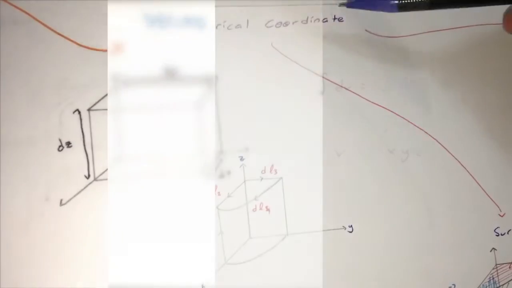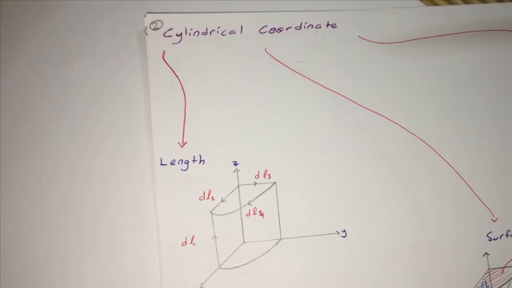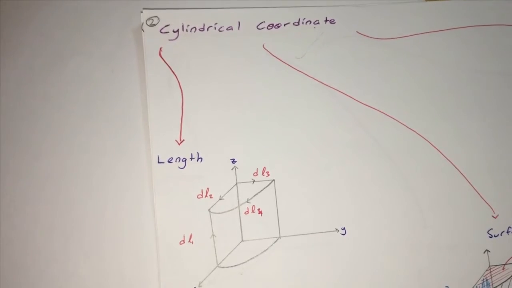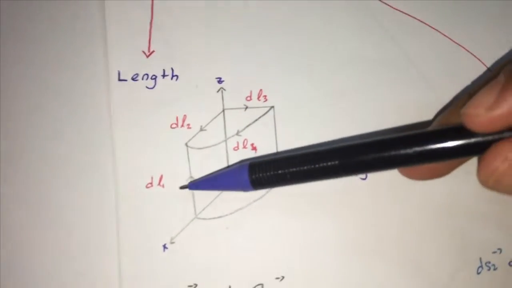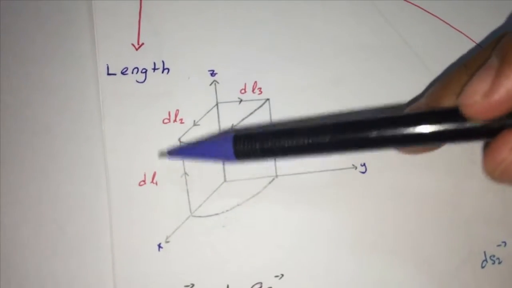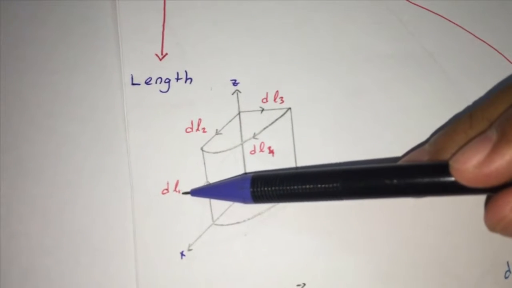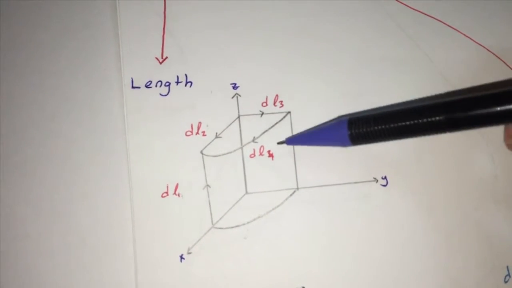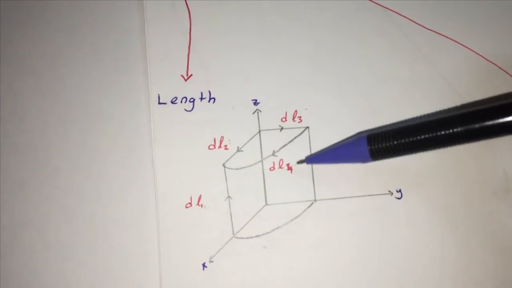For number 2, cylindrical coordinate, we can differentiate it into length, surface, and volume. Okay, we will talk first about length. So we have 4 examples for length, which is the length 1, the length 2, the length 3, the length 4, or the L1, the L2, the L3, and the L4.